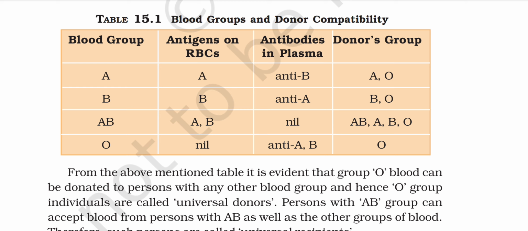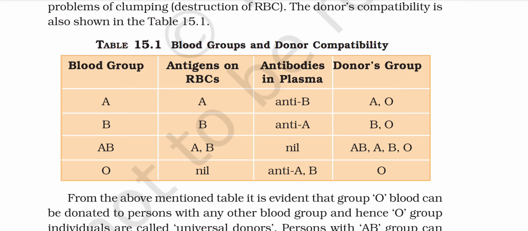So, talking about the antibodies in the plasma, blood group A has antibody B, meaning anti-B. It destroys red blood cells with B antigens, and that's why clumping happens.